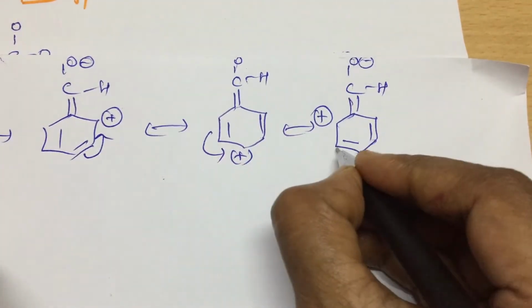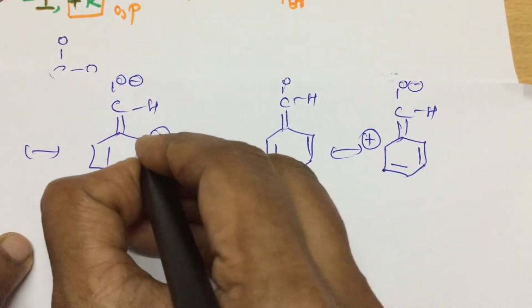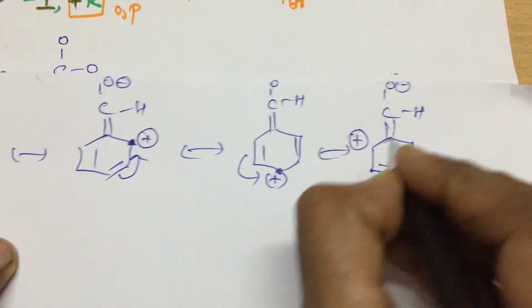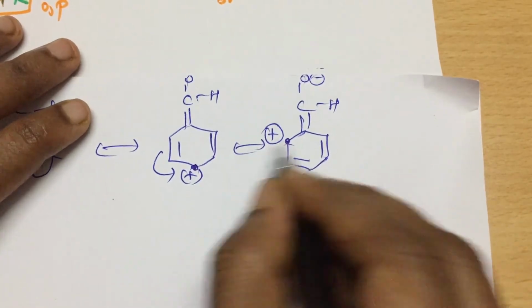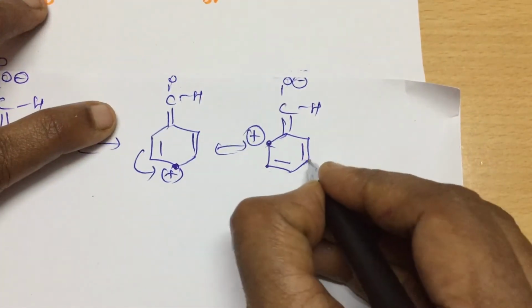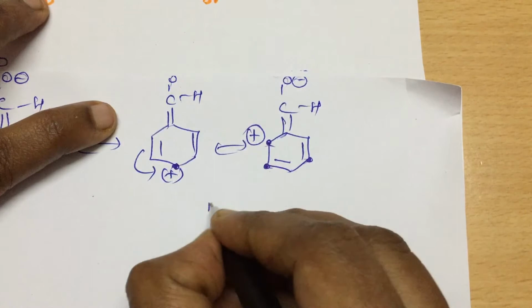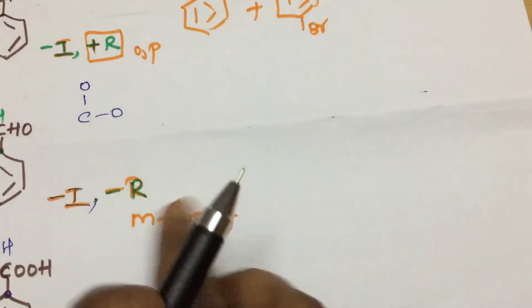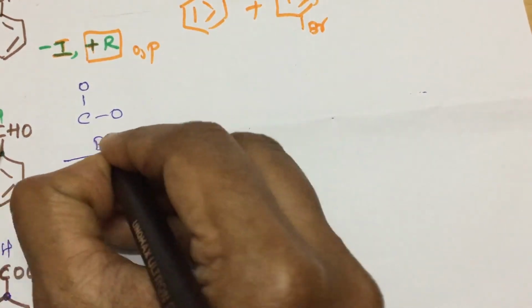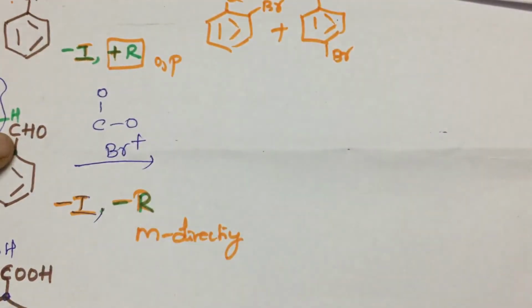But see, this ortho position, this para position, and this ortho position have lost their electron density, no electron density, but still the meta position is unaffected. Here we are going to do a bromination, and an electrophile is going to come which needs electron density.